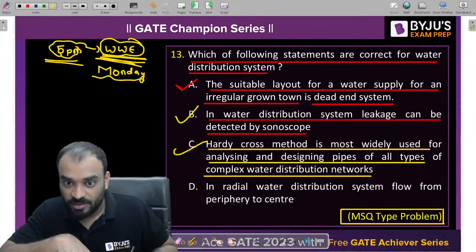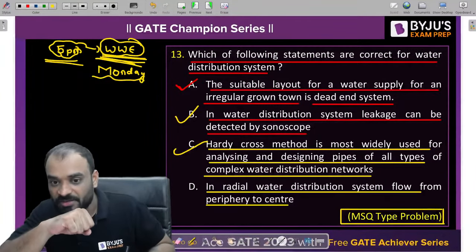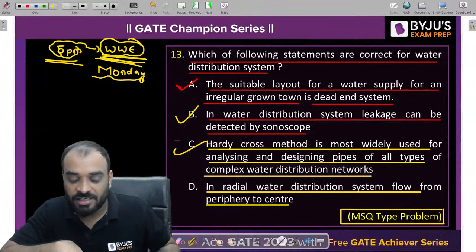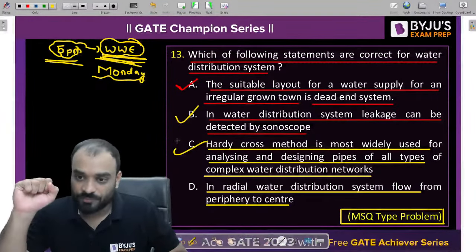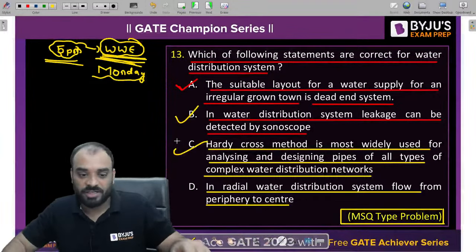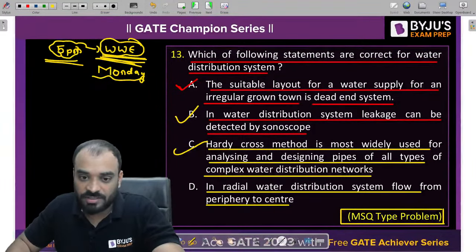Yes. In the radial water distribution system, the flow is from periphery to center. In a radial distribution system of water, how can your water flow? It is from periphery to center. What about statement D, guys?